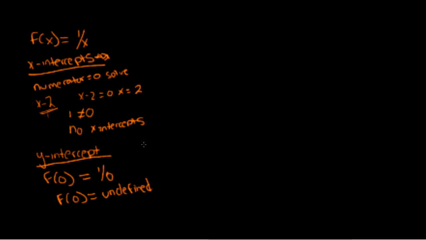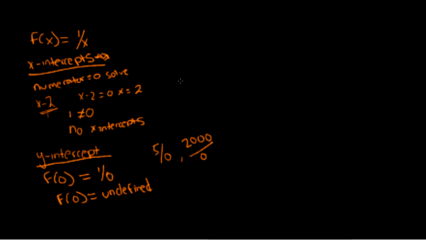This is because any number divided by 0, whether it's 5 divided by 0 or 200 or 2000 divided by 0, gives you a vertical asymptote, gives you an undefined, and I'll show you on the graph.